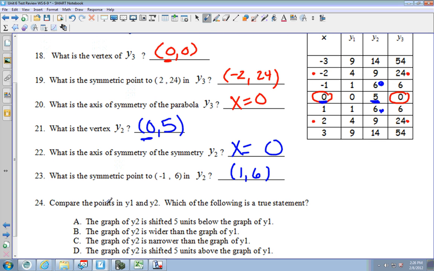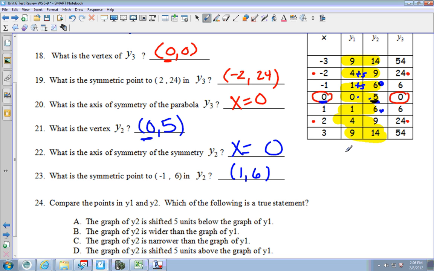It says compare the points of y1 and y2. Which of the following are true? Okay, look at y1 and y2. What's the difference between these? So I'm looking in these two columns right here. Well, I go from 0 up to 5. 1 plus 5 is 6. 4 plus 5.